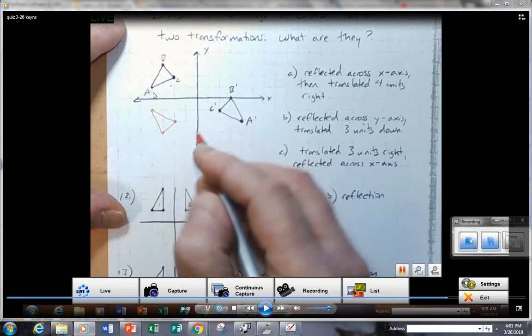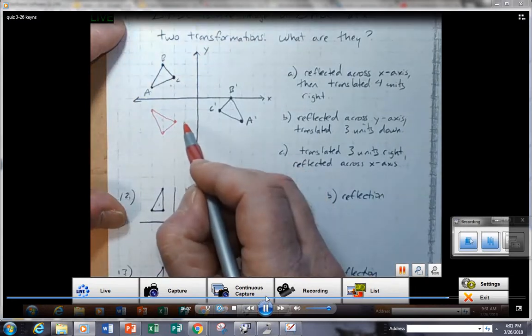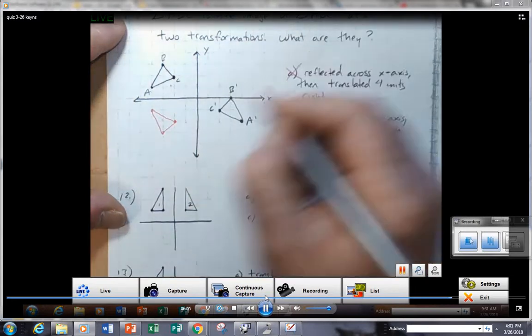So you can see this is 1 box above, 1 box below, 2 above, 2 below. This is 3 above, 3 below. That's a reflection over the x-axis. And if I was to move this 4 to the right, it would be a triangle still in that shape right about here, and that's not true.